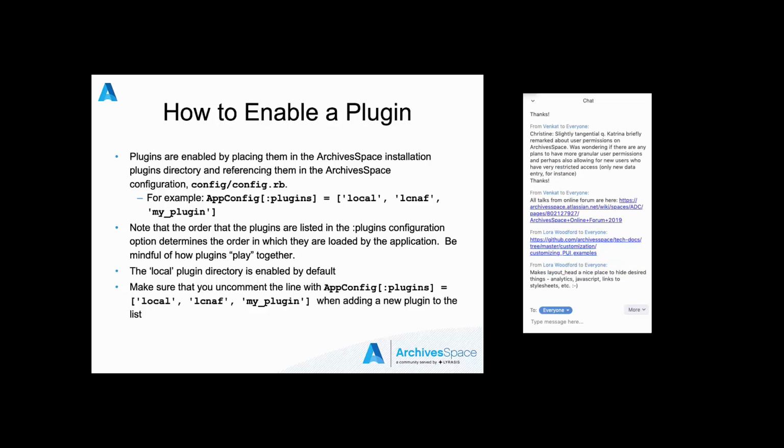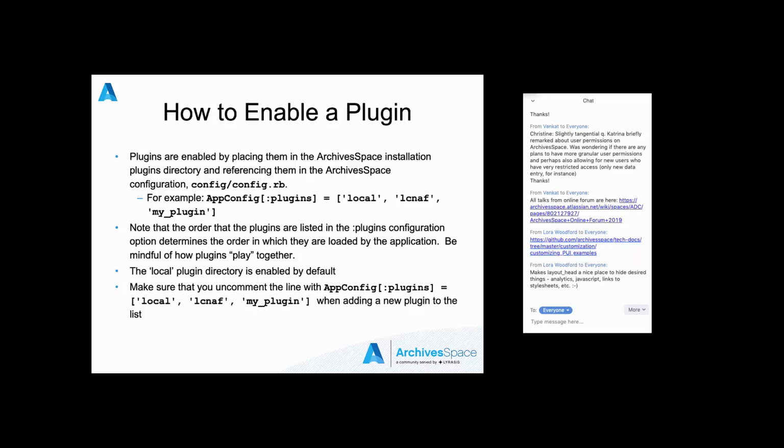One thing that you do need to understand is that the order that the plugins are listed in this list determines the order in which they are loaded by the application. So one thing you have to consider is if you're modifying the same file name in two different plugins, one's going to overlay the other, and you might not get the results you expect.